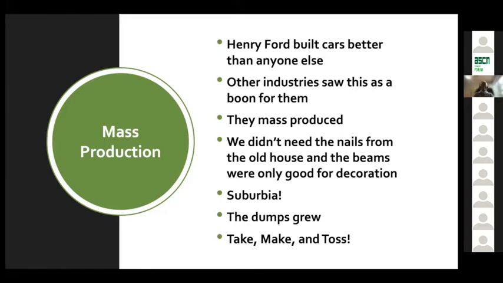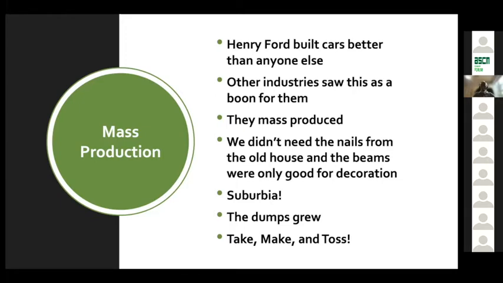And the artisan had a complete set of tools to do anything and everything he or she needed to do, mostly he's. And Ford said, no, let's limit the tools that they have, give them specific tasks, and then move the work past them in an orderly way. And we can make a lot of cars this way, and we can make them cheap. Other industries saw what he was doing, and they said, "Okay, this is good. Let's do that with our product." And so mass production started.